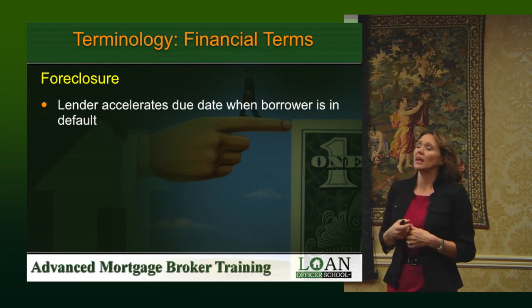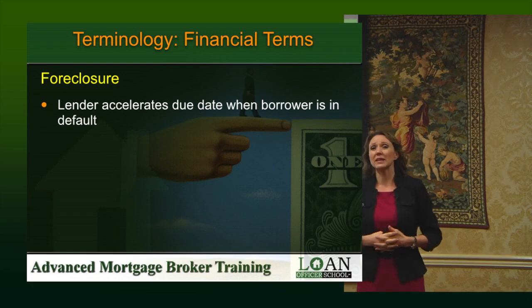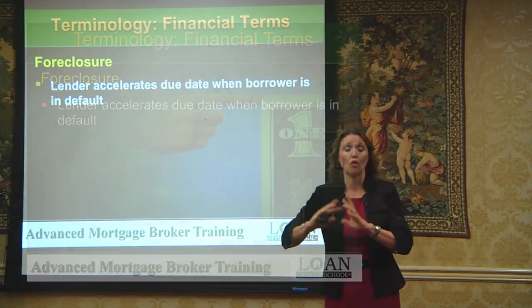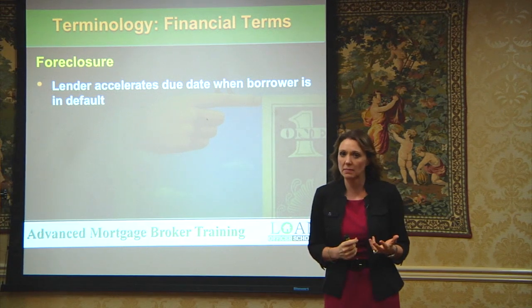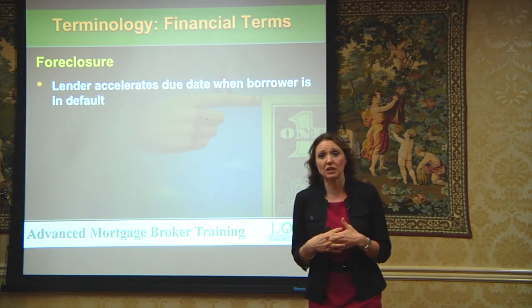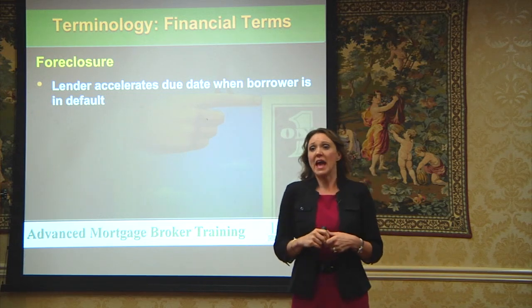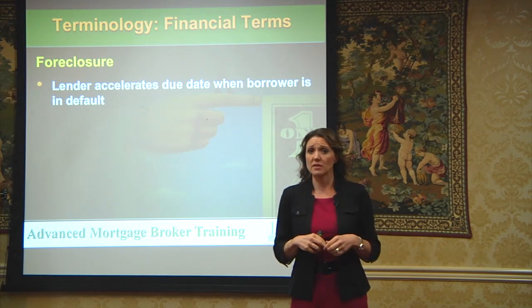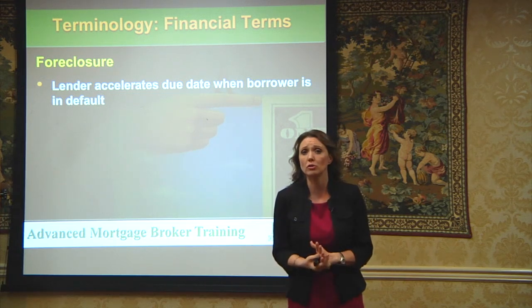Now, if you are in a judicial foreclosure state, it means that the lender can accelerate the note and call the whole thing due and payable, even if you were only behind one payment. That's because that mortgage has a clause in there that says if you miss so much as one payment, we can call the whole note due and payable.